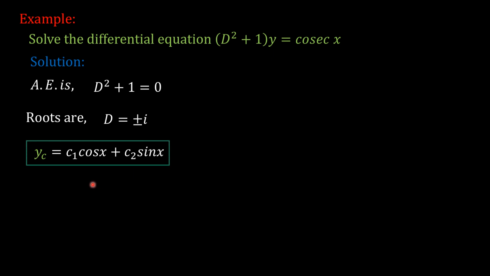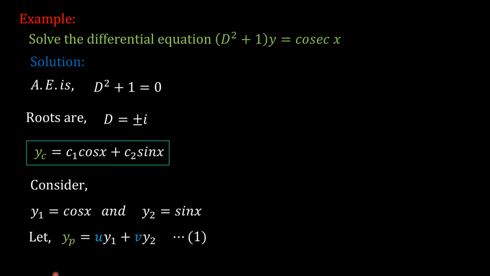Now, in this, we will call y1 equal to cos x and y2 equal to sin x. Now we will consider our yp as yp equal to u into y1 plus v into y2. We call this 1. So here we have replaced c1 by u and c2 by v. Our y1 is cos x and y2 is sin x.